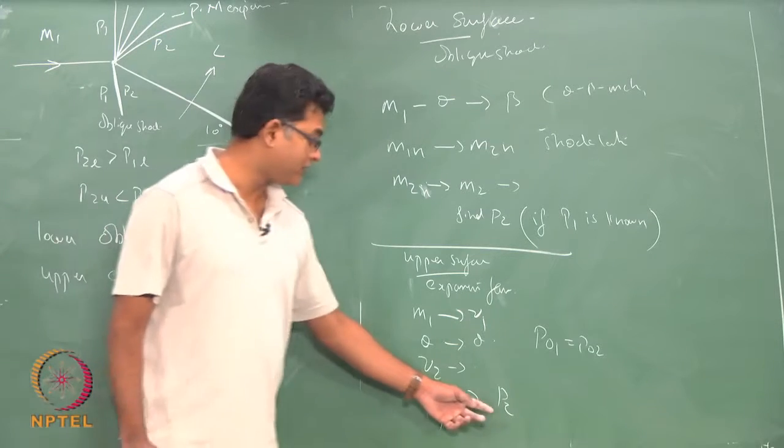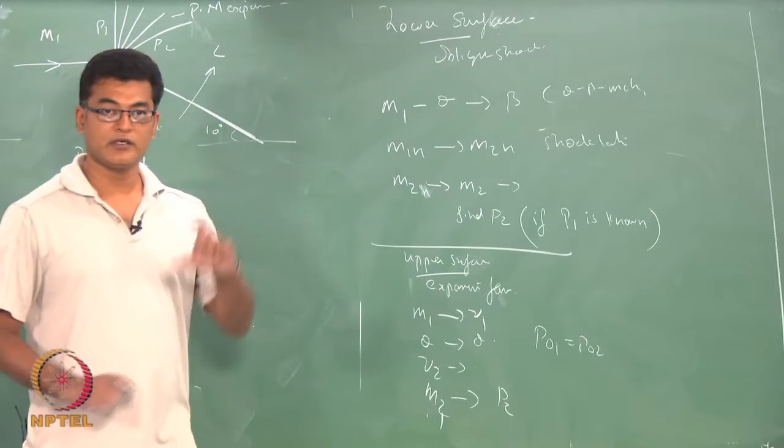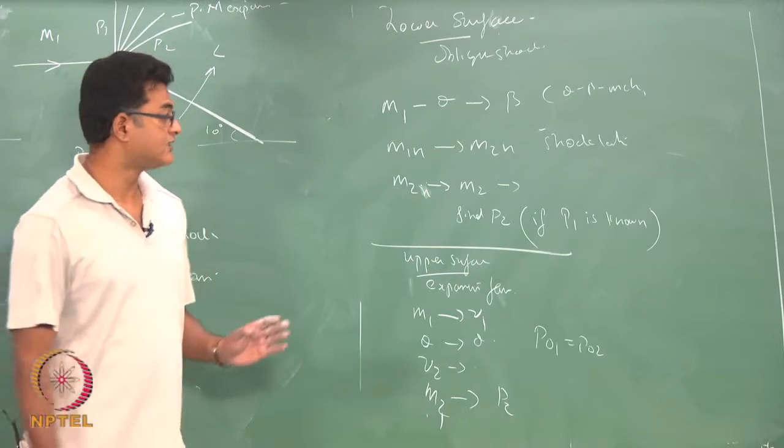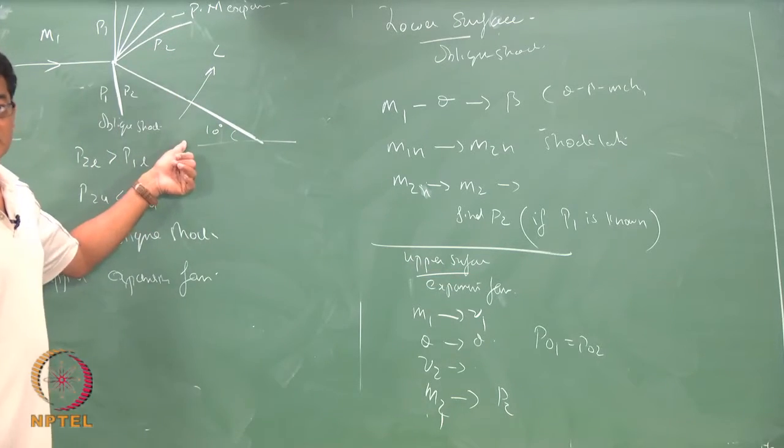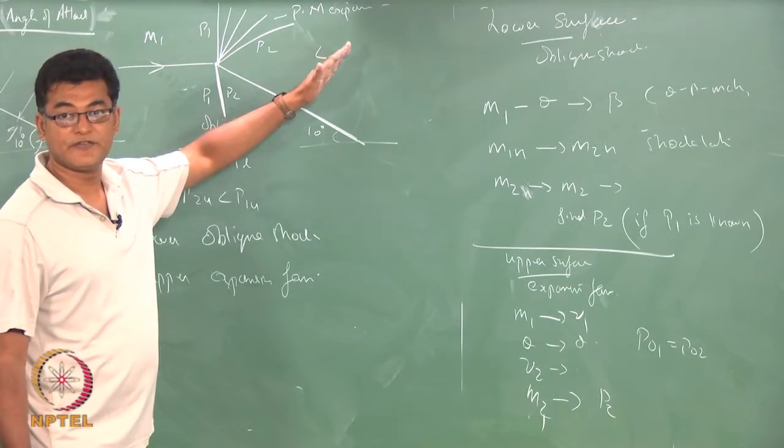So, you can find your P2. The difference between P2 upper and P2 lower would be your force that is generated, multiplied by cos theta of this. So, that would give you the lift.